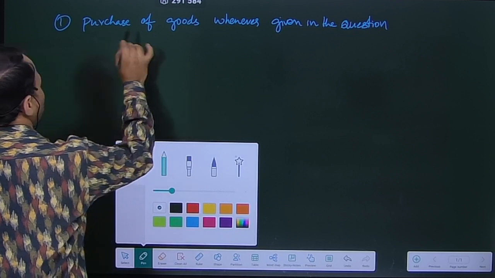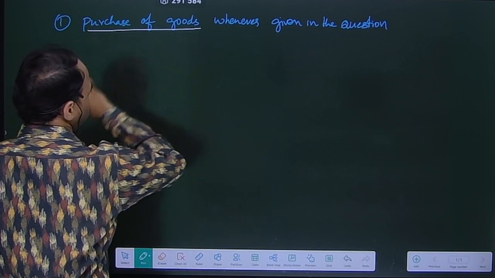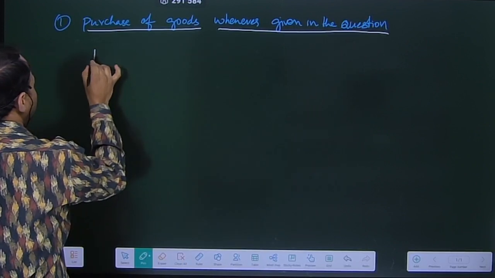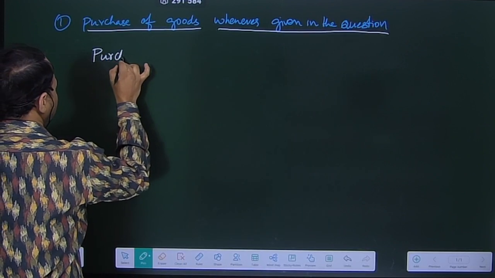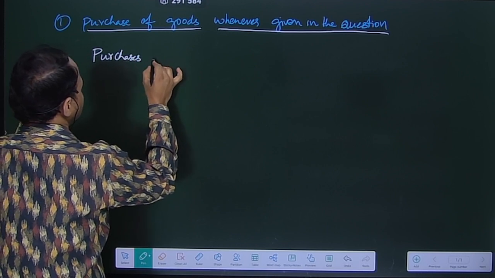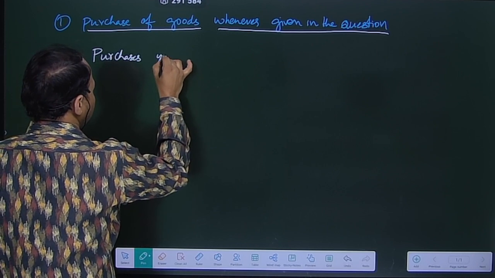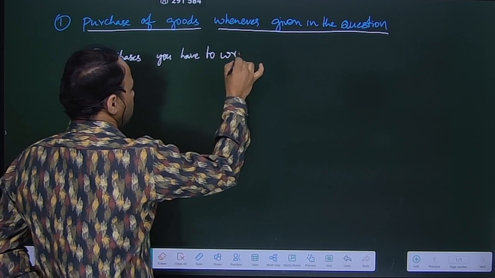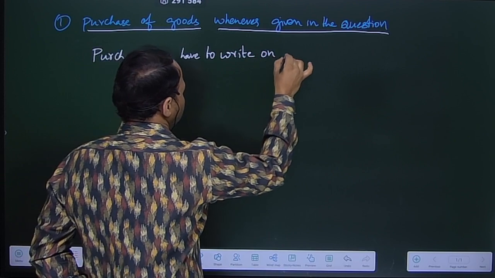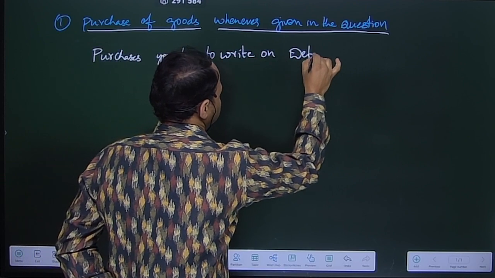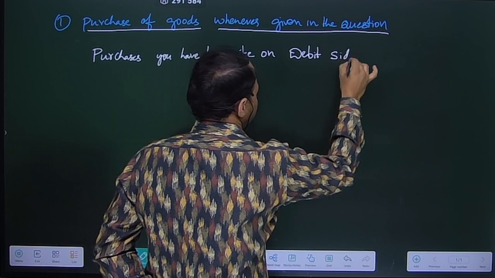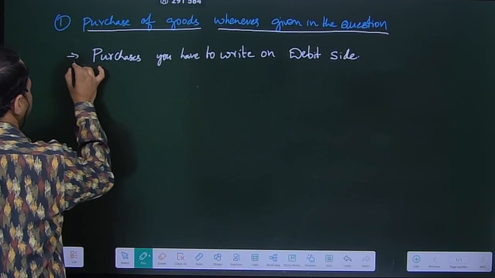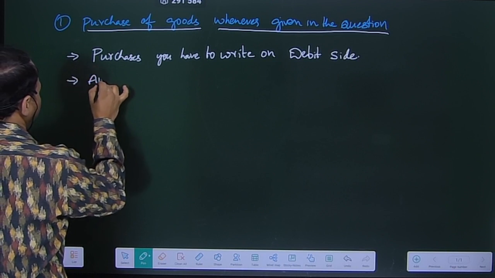See, this is the question. Purchase of goods whenever given in the question, purchases you have to write on the debit side. The other aspect you have to write on the credit side.